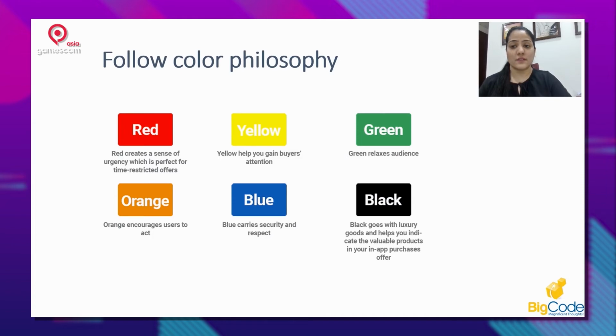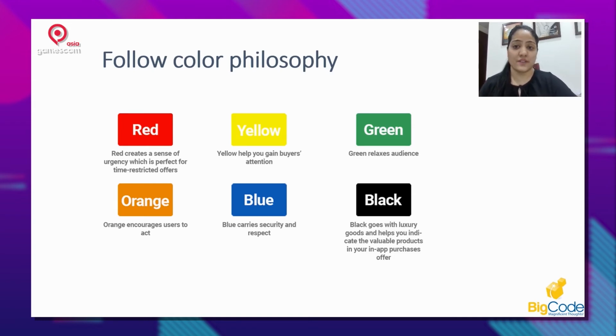Most developers ignore this, but I think it is one of the best strategies: following colors for in-app purchases. Different colors carry different meanings. If you use red for in-app buttons, it creates urgency, and yellow attracts users to make an in-app purchase. Green relaxes audiences.